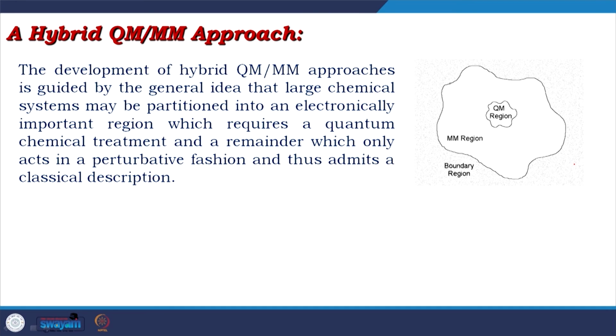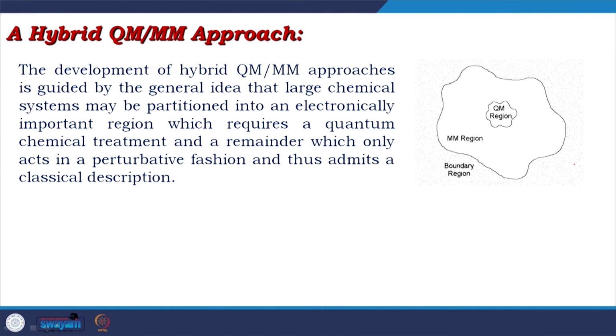Let us say now you are talking about an enzyme: the amino acid side chains of the active site and the substrate would be in the quantum mechanical region. The rest of the protein, which shows movement, is in the molecular mechanical region.